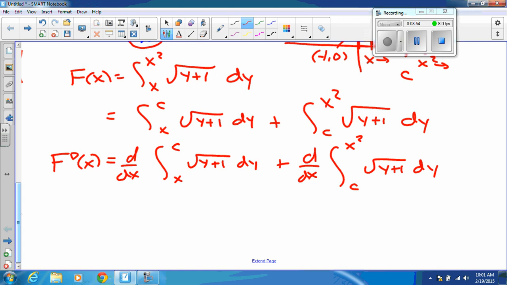This guy right here, the first integral, is almost in the form of the fundamental theorem, except for one small thing, and that is that it has the constant as the upper limit, but it has the variable as the lower limit. My fundamental theorem requires the variable to be the upper limit and the constant to be the lower limit. So I can flip those, and when I flip, I take the opposite.